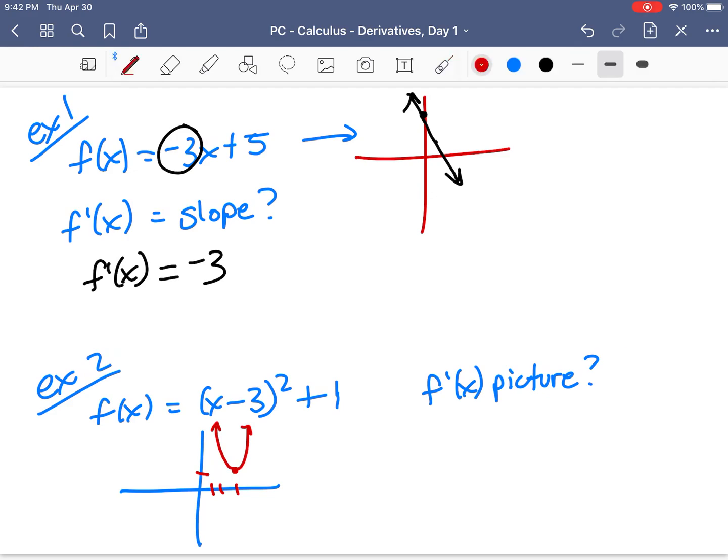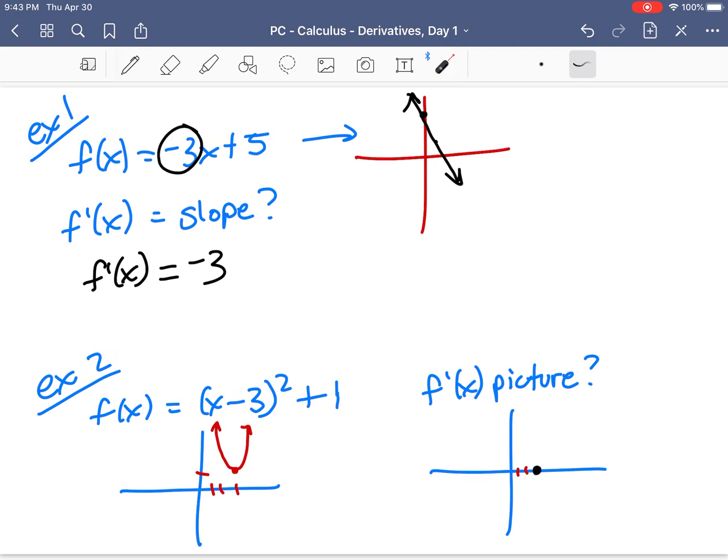So I know that on the graph of my derivative at 3, I am going to cross 0. The derivative is 0 at your minimum spot right here.